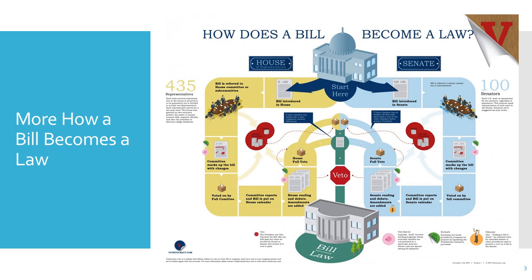In addition, what happens next is that the Senate bill, which has, let's imagine, passed, and the House bill, which, let's imagine, has passed, now have to be reconciled. So they're going to go to a conference committee. And the conference committee is where people from the House and people from the Senate take their versions of the bill, which are probably a little different, and they try to come up with a compromise.